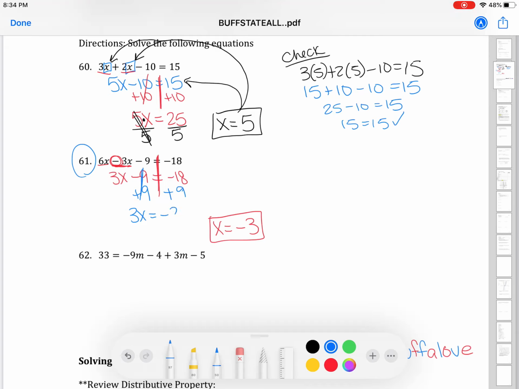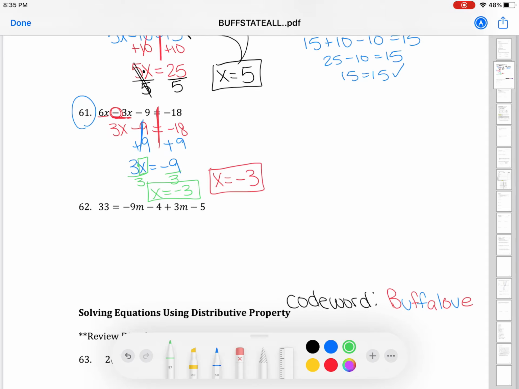To undo a -9, I add 9 to both sides. So the 3x comes down, the equals comes down, and -18 plus 9 is -9. Remember, you're still not done because x is not alone. Right now, x is being multiplied by 3. So to undo that, I divide both sides by 3, and I get that x is equal to -3. Boom. Just like that.